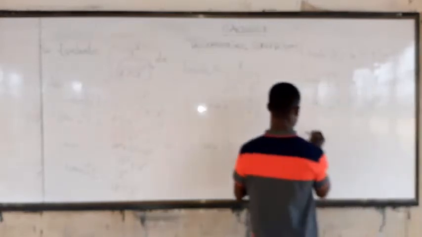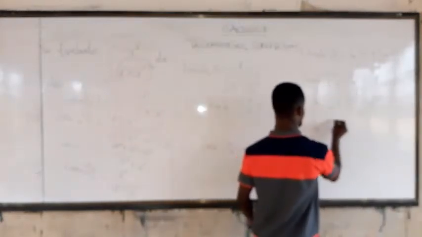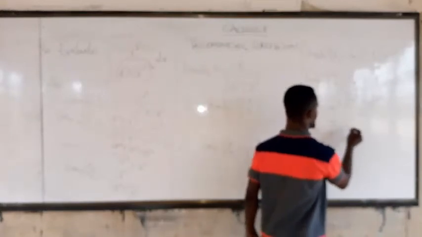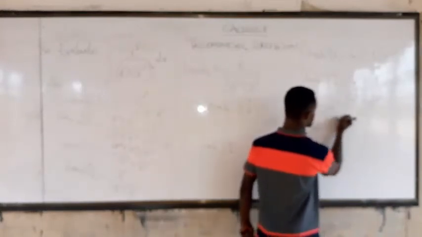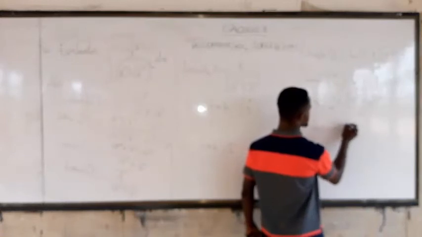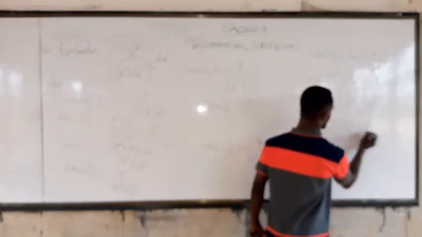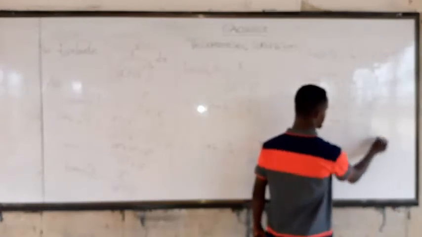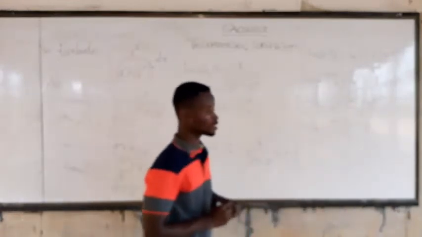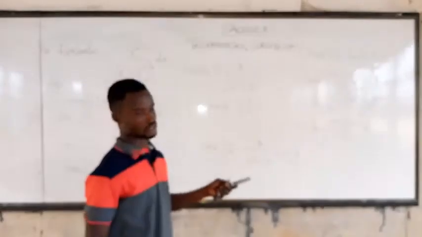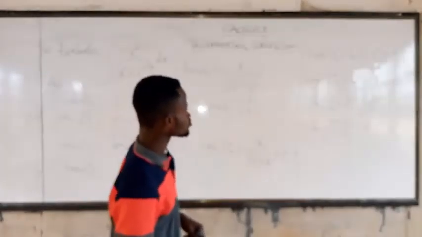We get s over a plus the square root of a squared plus 1 s squared, all this over a.